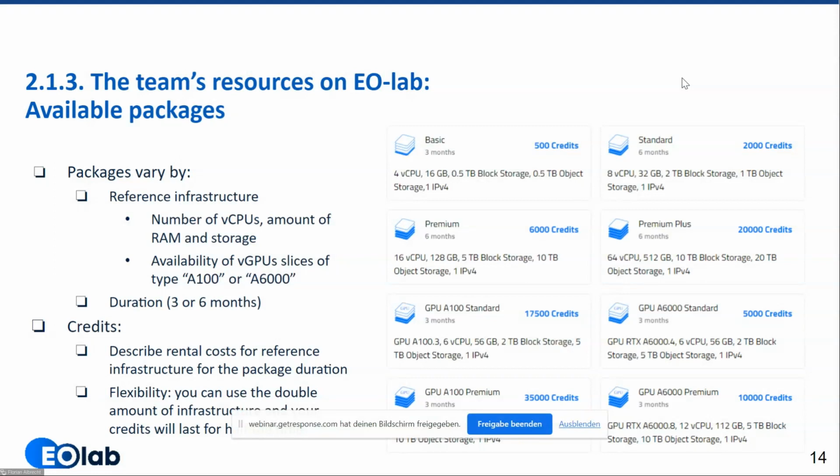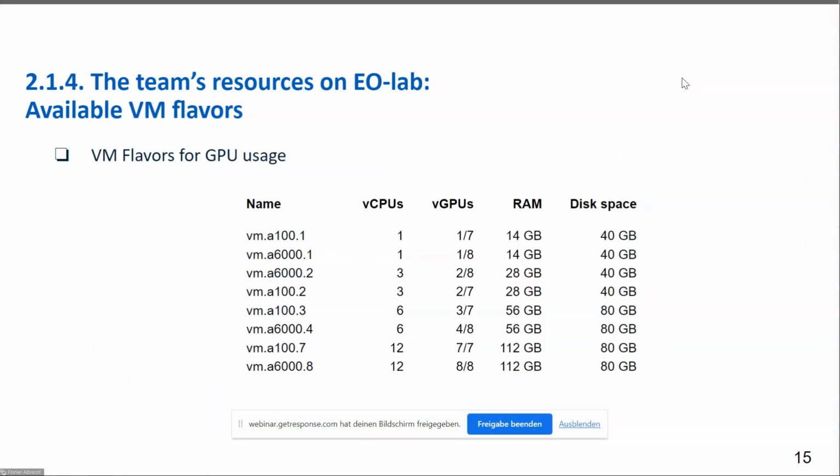So the options for setting up virtual machines, there are different hardware flavors. These are the hardware flavors for GPU machines, and they show you how many slices of a vGPU you get for processing. So, for example, the VM.A100.1 will give you 1 slice of the GPU, and A100 GPUs are split up into 7 slices.